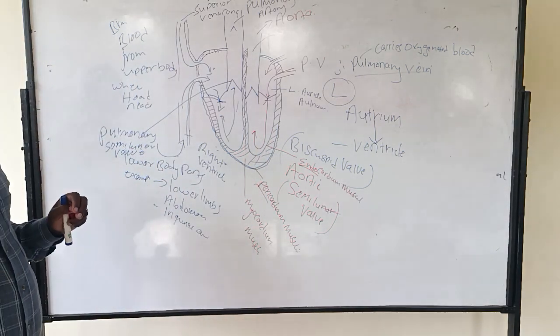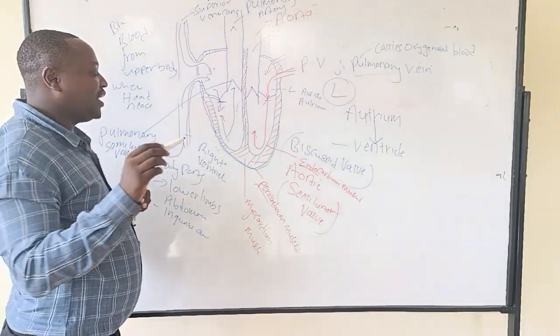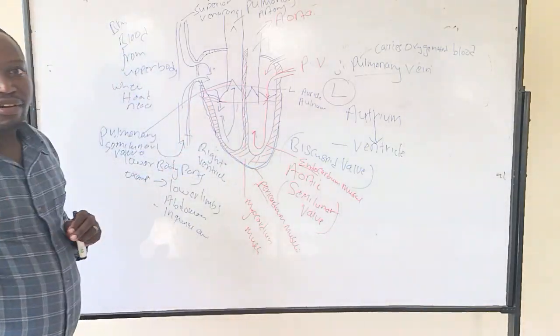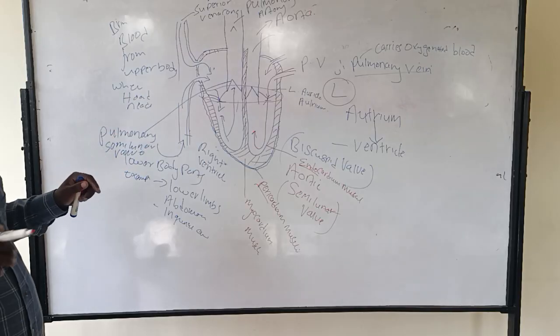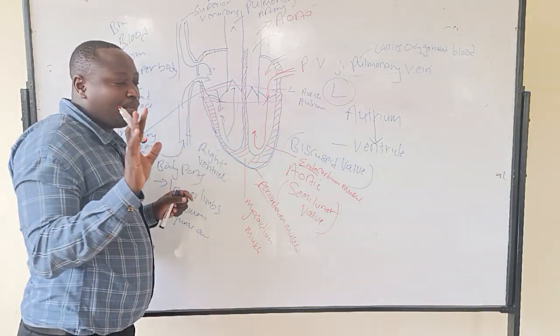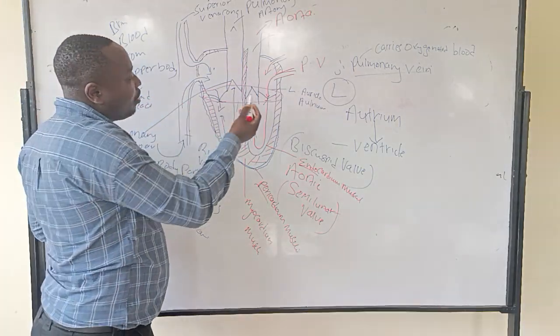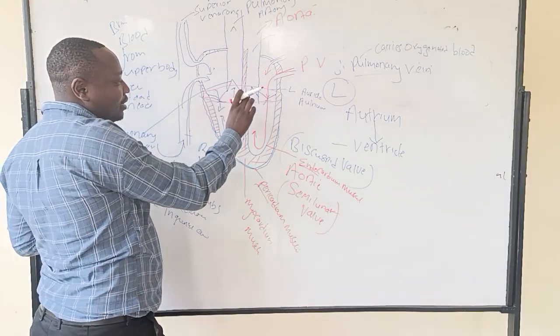But something I need you to note is that when it comes to electrical conductivity of the heart, around all these valves we have a fiber which does not allow conductivity, and that's why these valves do not open with the electrical conductivity. We are going to cover that later, but for now I want us to understand these.